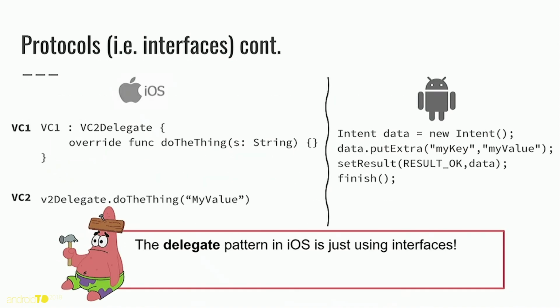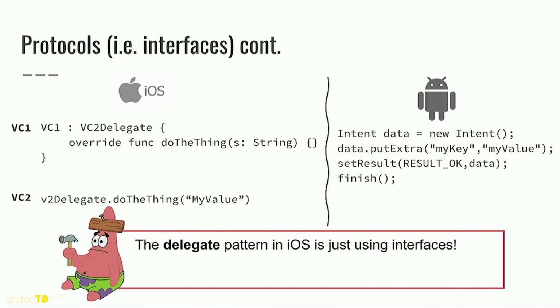Another reason you'll see the delegate pattern used a lot in iOS is because there's no concept of startActivityForResult and onActivityResult. It's not a thing in iOS because the navigation in iOS is just done totally differently. So instead, we use protocols to send information back. So let's say we have a view controller 1 and a view controller 2.